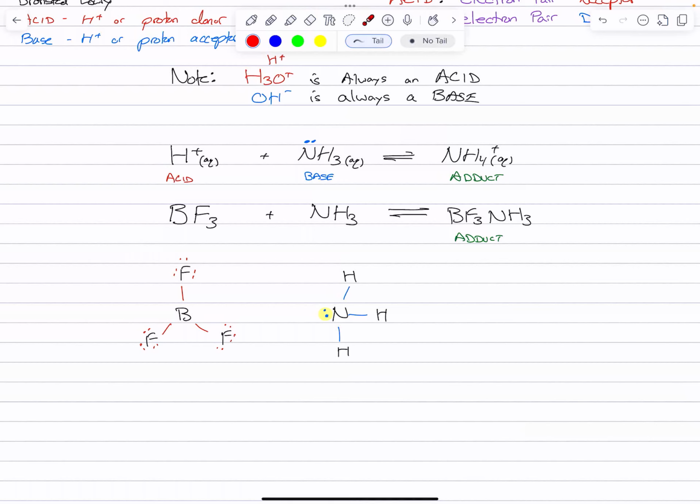Fluorine's not going to give up any electron density, and it's not going to take any more. It can't violate the octet rule.